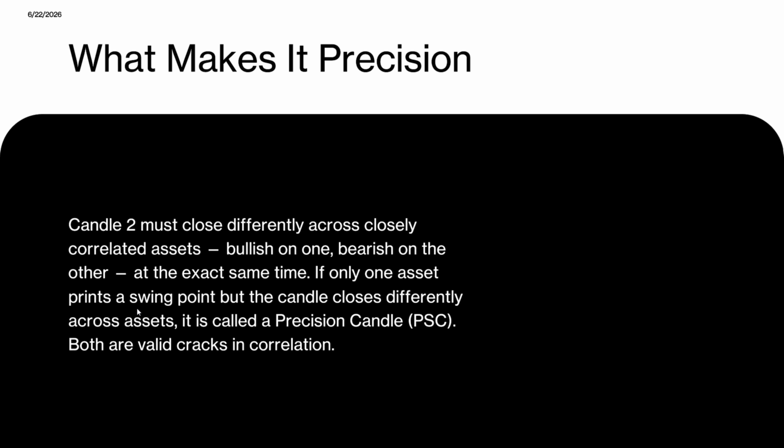If only one asset prints a swing point, but the candles close differently across assets, such as different colors, right? At the same time, let's say we formed a bullish on Nasdaq, and we formed a bearish on S&P 500, but at the same time, let's say 7 p.m., it is called a precision candle, PSC. Both have valid cracks in correlation.